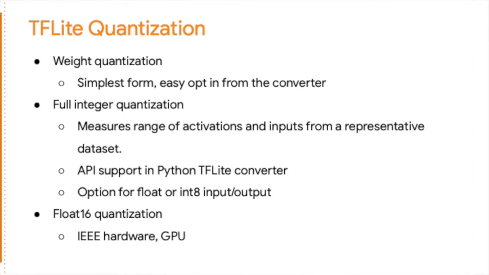And then for full integer quantization, you have to pass in a bunch of inputs from a representative data set so it can figure out for every intermediate layer in the graph what the min and max values are likely to be, so that we can quantize to an appropriate range for each one of those. And we have API support for this in Python.